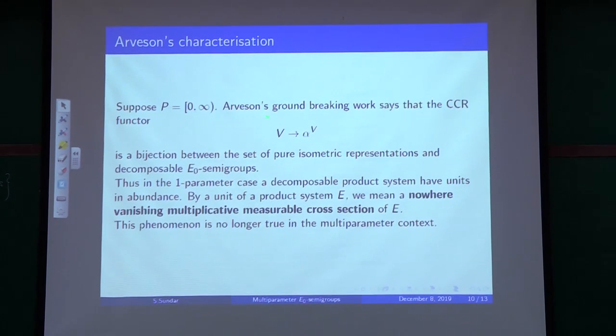He computes the units of alpha V explicitly, and using the units he assigns a number called the index, and he proves that the index is a complete invariant for a CCR flow. So that is the injectivity part. The surjectivity part, I'll explain. In the one parameter case, decomposable product systems have units in abundance, but this is no longer true in the multi-parameter context.